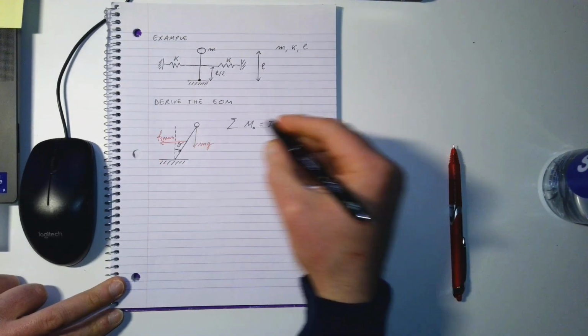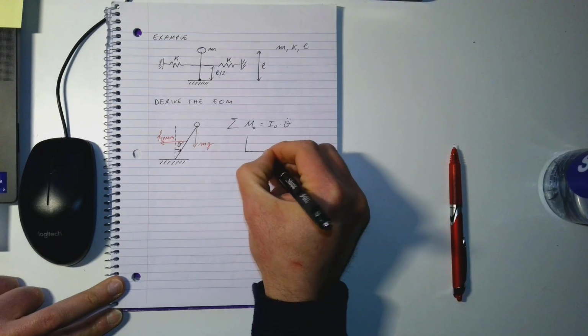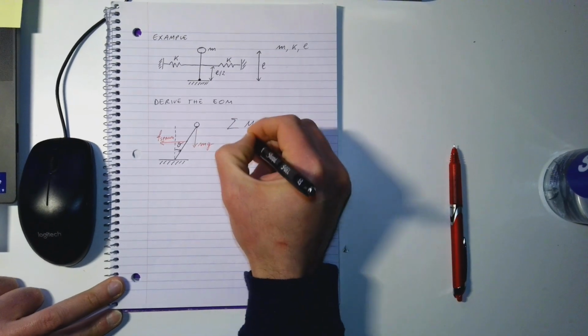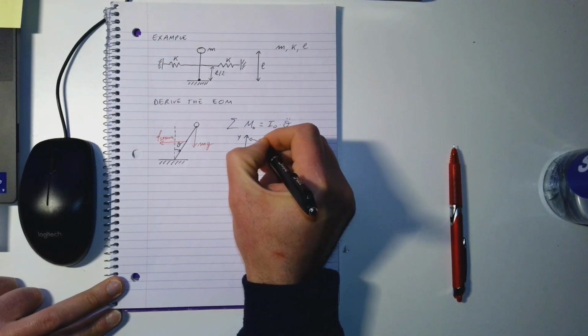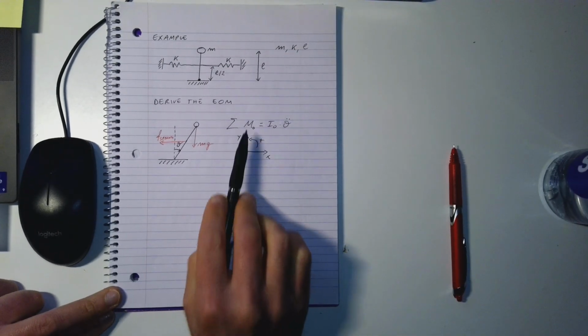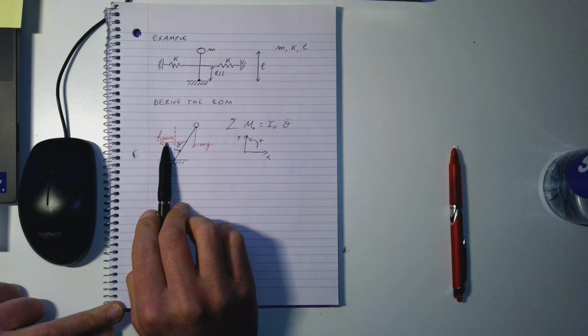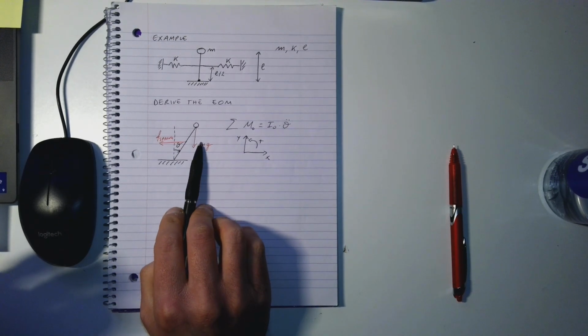In this case we can include our coordinate system. So if we have our x towards the right, our y going upward, our positive moments are in this direction. So now we can consider all the contributions of the forces of the springs and the force of gravity, right?